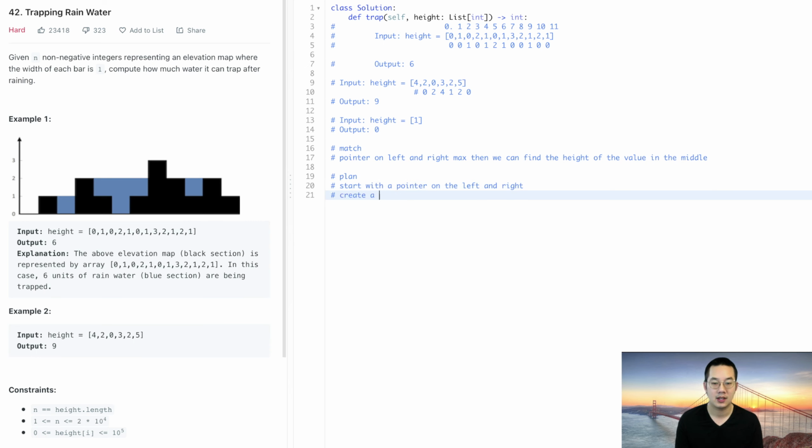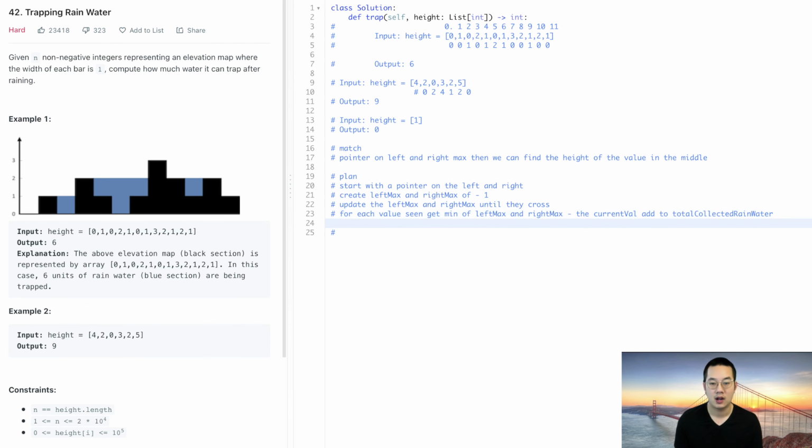And add to total collected rainwater. Yeah, and that's it. Return total collected rainwater. Yep, I think that should do it. That was essentially, we ran over it twice already. I'm sure that this works. Essentially, we codified what we have spoken about earlier. So let's implement it.